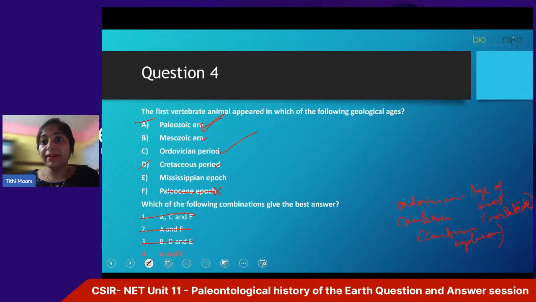What do you think, guys? Logically, can you think and answer? For this, if you don't know anything about the eras, periods, and epochs, and you are seeing the names for the first time, then it will be difficult. I'll not lie.